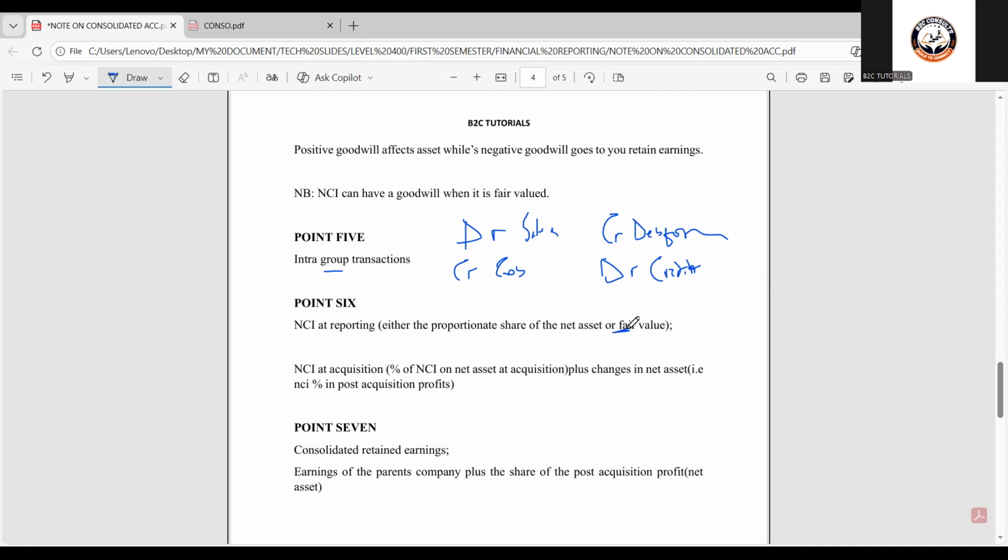If fair value is not given, you pick their percentage of the net asset at acquisition, plus their percentage of the post-acquisition profit. So if your post-acquisition profit is wrong, it means that you are going to get everything wrong. All right.